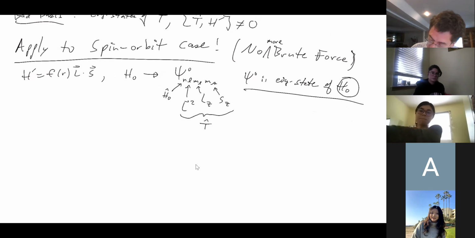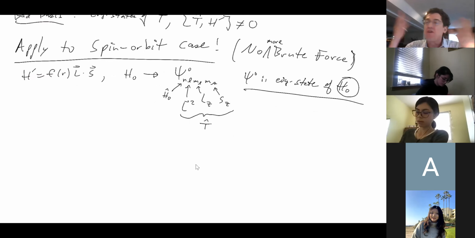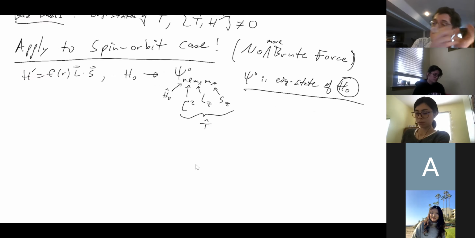So these are like our other operators, because the unperturbed eigenstates also happen to be eigenstates of other operators, these third operators, in addition to H naught, and these other ones are the T that fit the theorem.